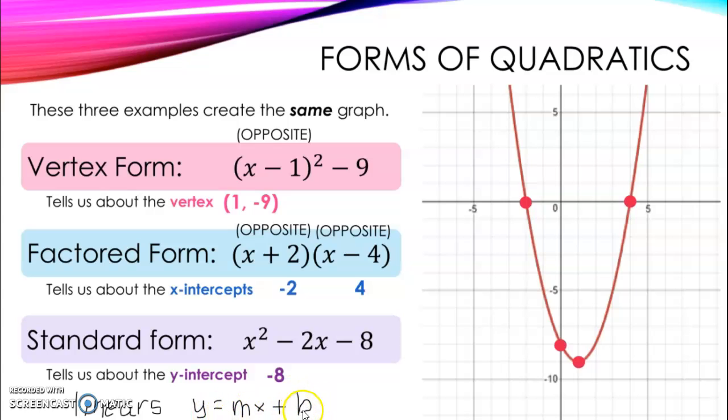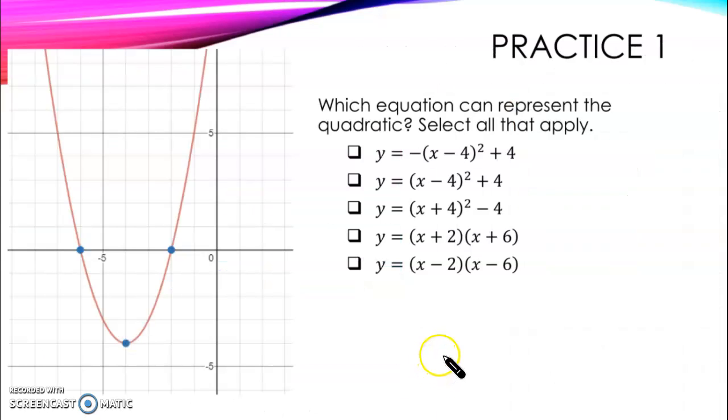Remember that number that we add on to the end is our y-intercept with linear equations? The same is true for quadratic equations. And this is basically an overview of what the different forms of quadratics tell us about specific values on the graph. Keep in mind that we also discussed whether the graph is going to be flipped upside down. So we'll do some examples of that here next.